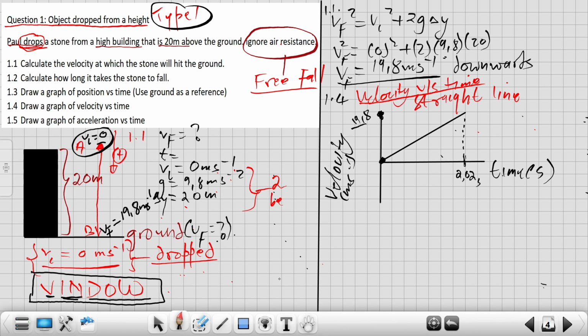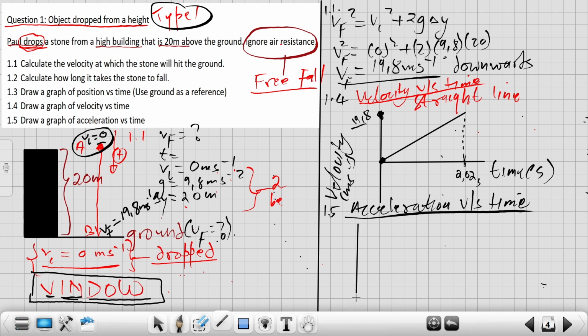Then let's go and draw now for acceleration versus time. That is 1.5. So at 1.5, it's acceleration versus time. With acceleration versus time, it's quite easy to do because our acceleration remains constant throughout.